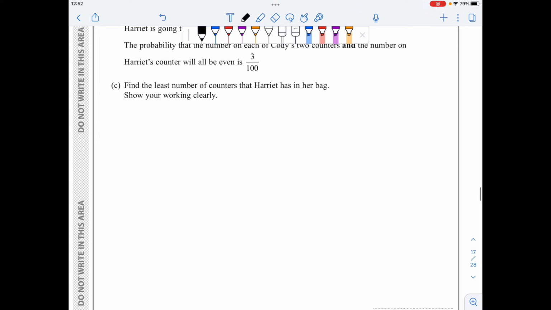For part C, the probability that Cody gets two even numbers is 3 out of 10 times 5 out of 12. And the probability that Harriet gets an even number is P, for example, any letter is valid. And this should be equal to 3 over 100.